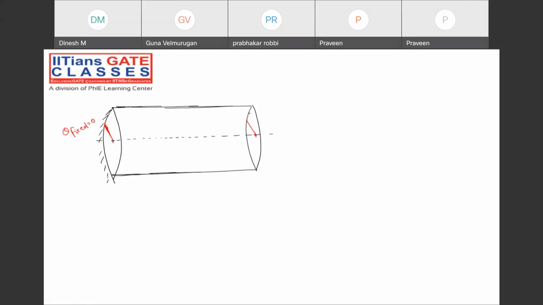Suppose the shaft has been twisted from this location to this location. Then what is going to be happening? Suppose the shaft has been twisted by the angle theta. Check it out. All of you, please check it out. Understanding or not?